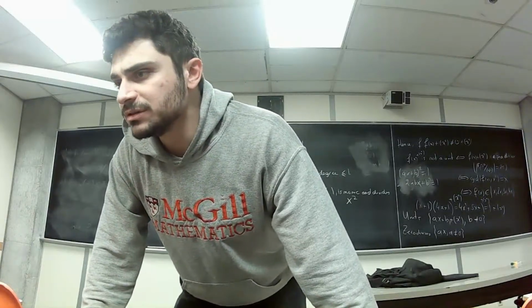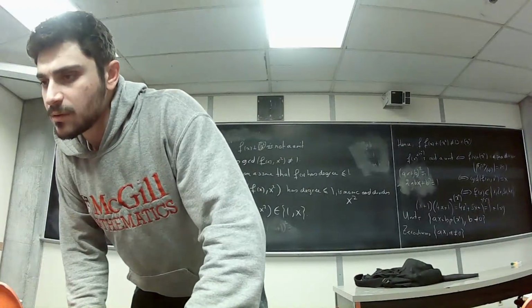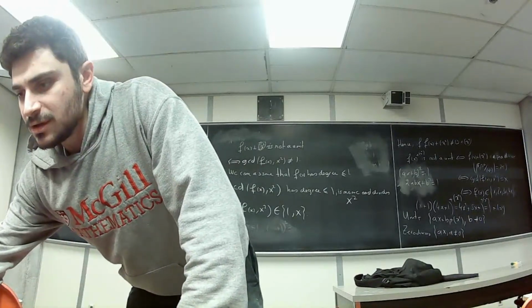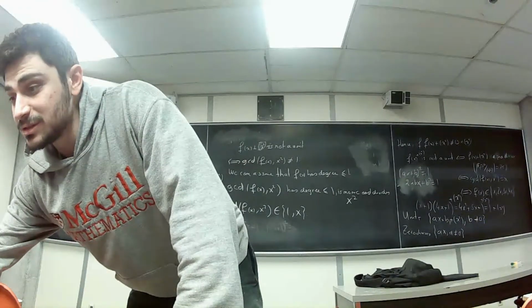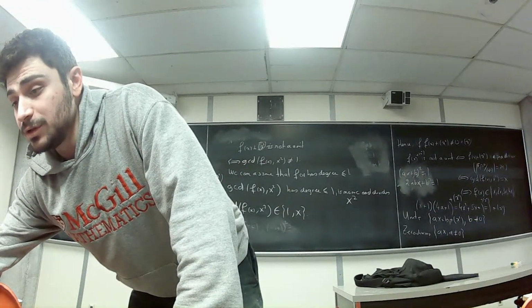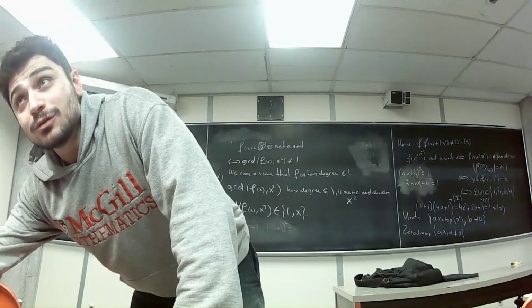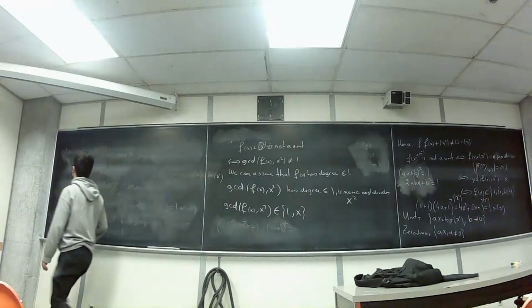Could I just have a look at the exercises? Let p be greater than or equal to 5 be a prime number and Fp the field with p elements. Show that x squared plus x plus 1 is irreducible in Fp[x] if and only if p is congruent to 2 mod 3. That's also very good.